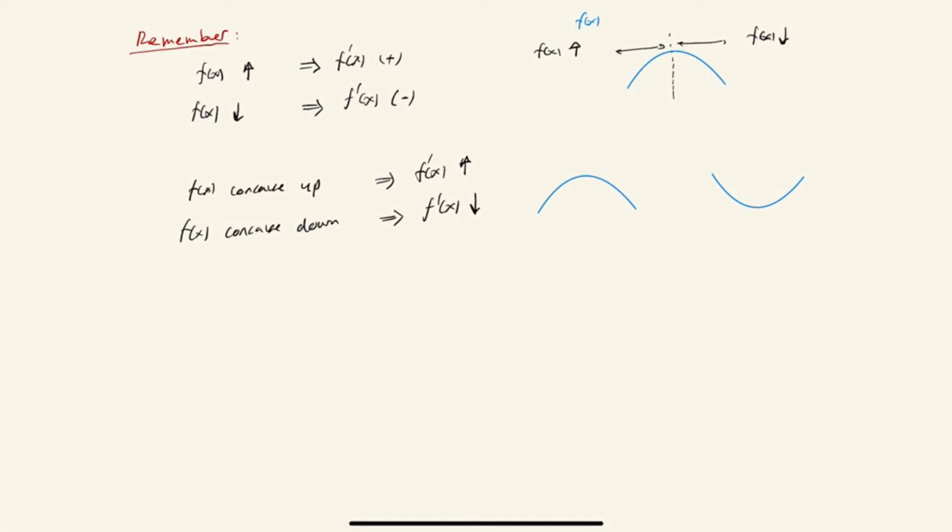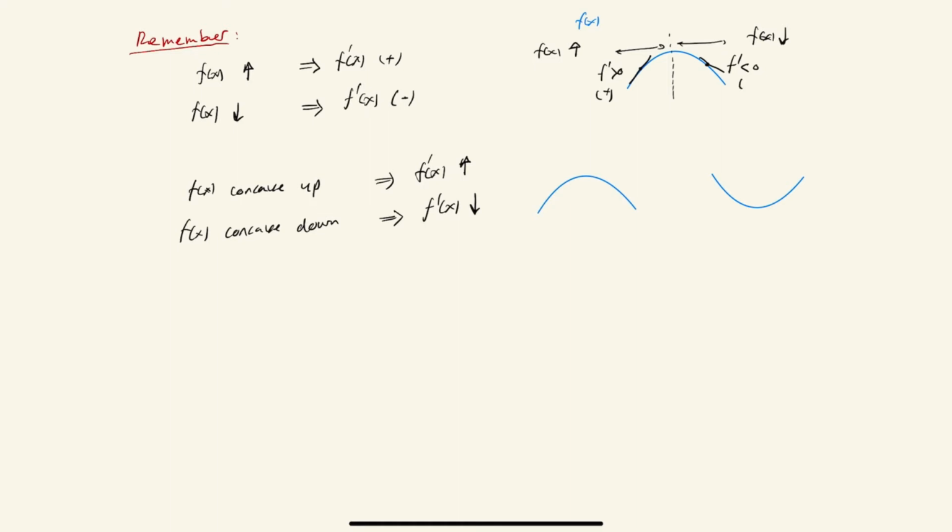Now to determine the behavior of f prime of x, I'm going to draw tangent lines since the slope of this tangent line is going to be the behavior of the derivative. Here the slope is positive, which means the derivative is going to be positive, and then here the slope is negative, which means the derivative is also going to be negative.